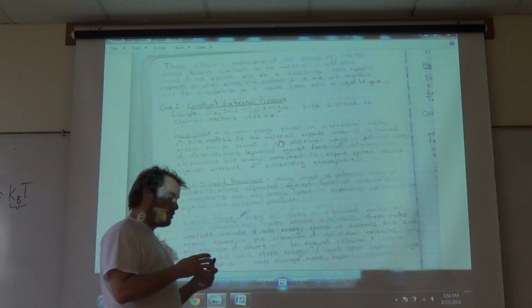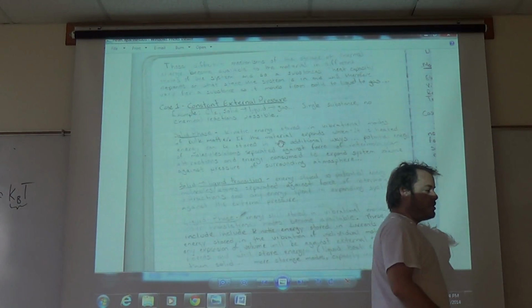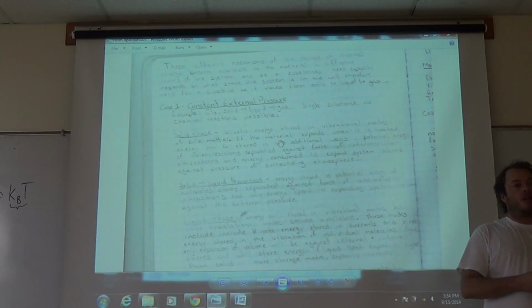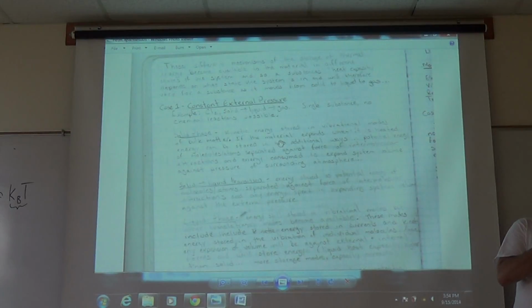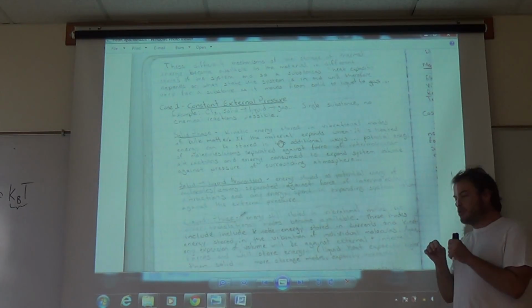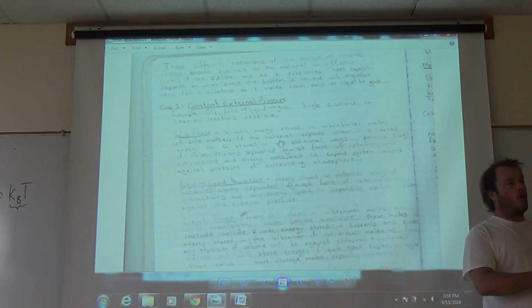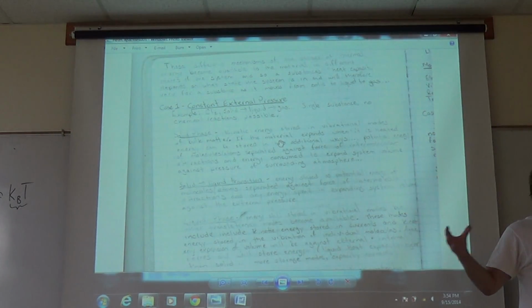In the solid state, materials can take on energy in two principal ways. First of all, vibration of individual molecules doesn't necessarily apply so much in the solid state. In the solid state, the whole bulk of the matter vibrates.